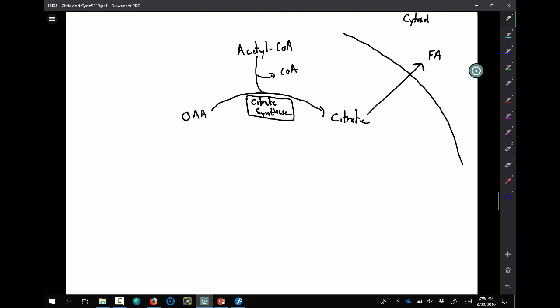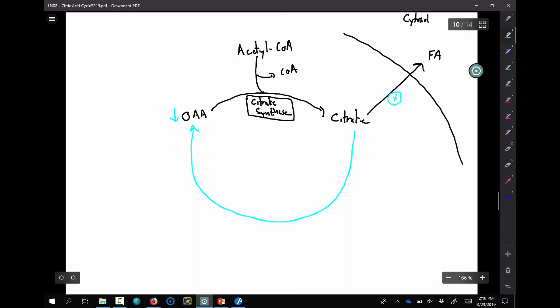Right? So citrate will start to be removed, and that means this, because we've got the rest of this pathway here. And the rest of the pathway would be essentially regenerating oxaloacetate, but if this is occurring here, then oxaloacetate concentrations will start to be depressed. Okay? Because the carbons that would replenish oxaloacetate are being used to make fatty acids.